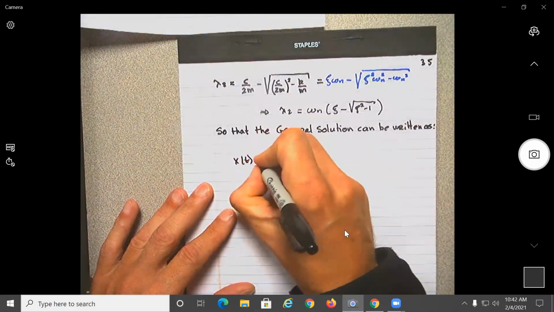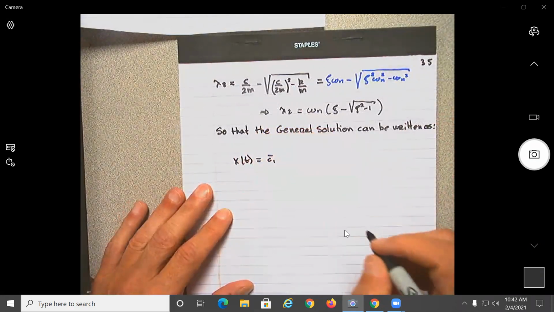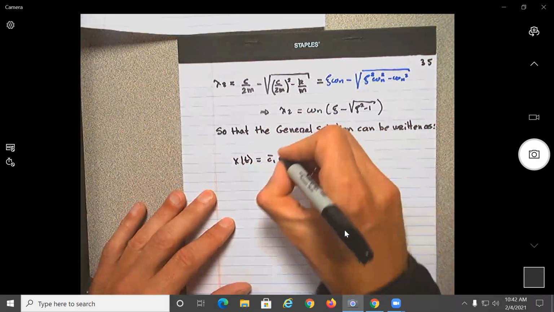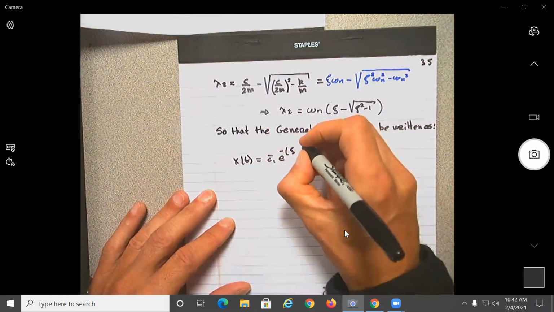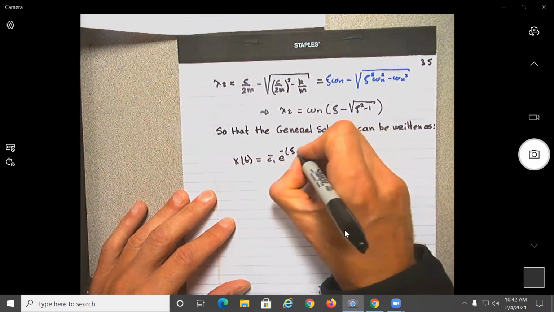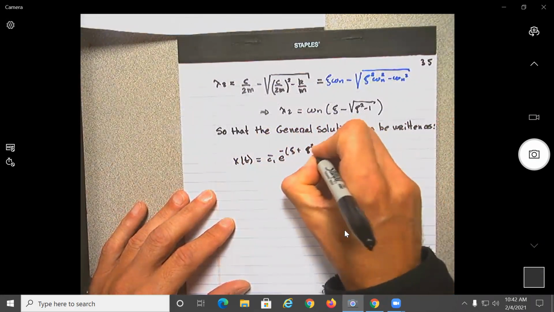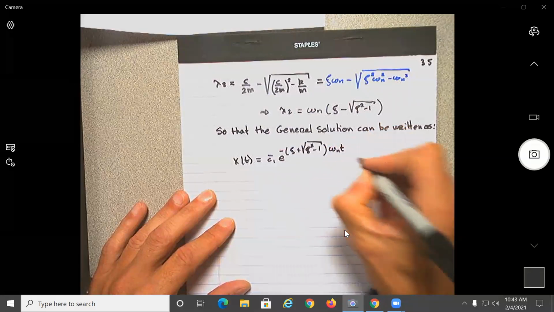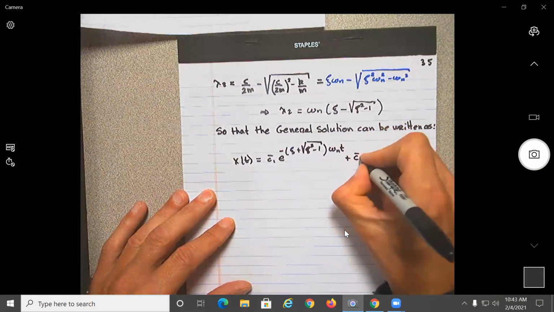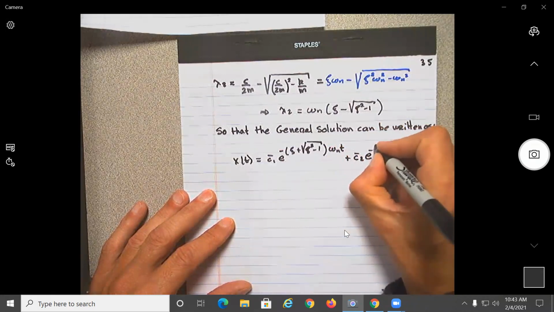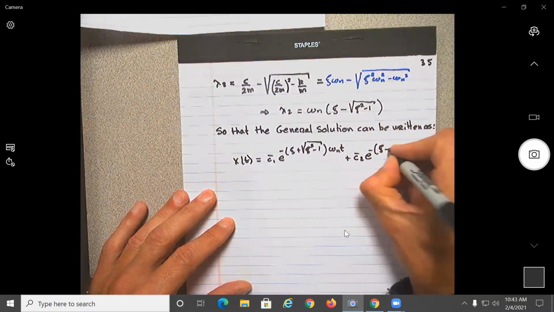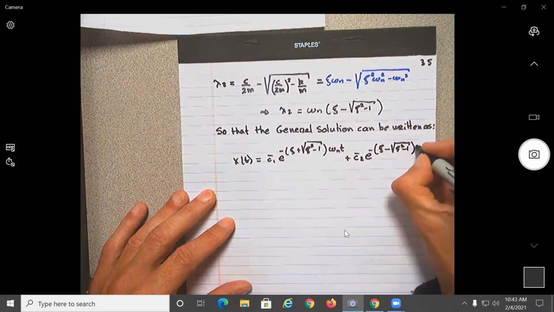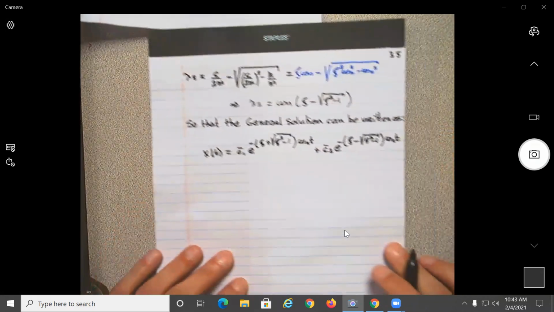X of t equal to C1 exponential of minus lambda 1, which is C plus the square root of C squared minus 1, omega n t, plus C2 exponential of minus C minus the square root of C squared minus 1, omega n t.